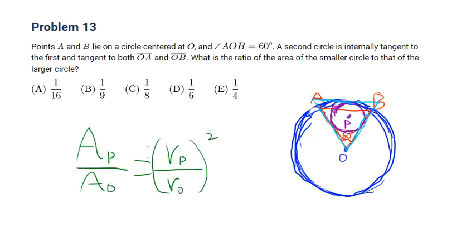Now there's also this pi and pi, pi radius squared. Yeah, the pi's get canceled out.